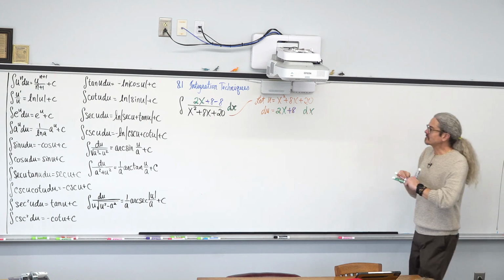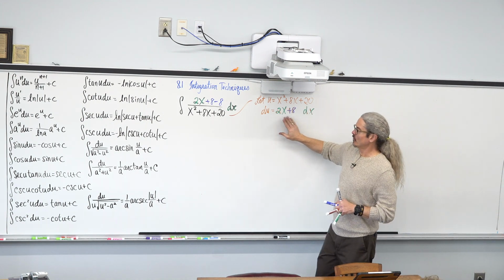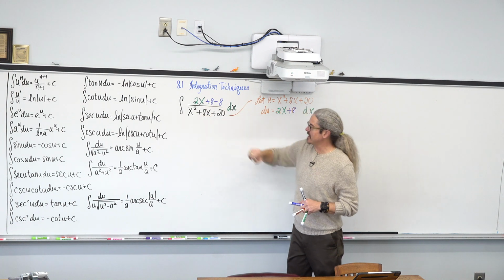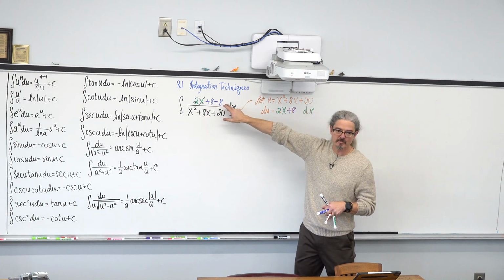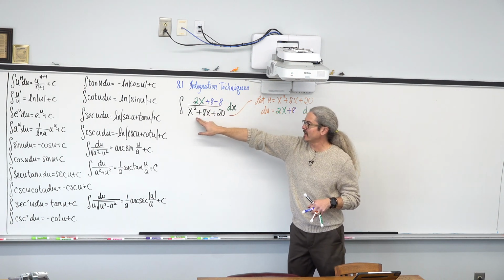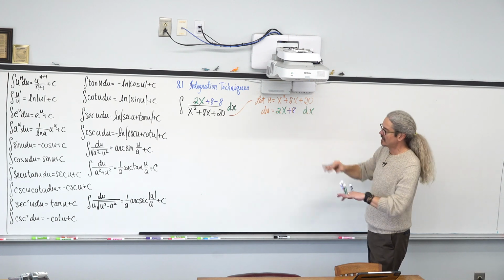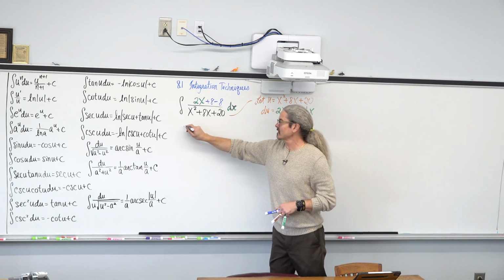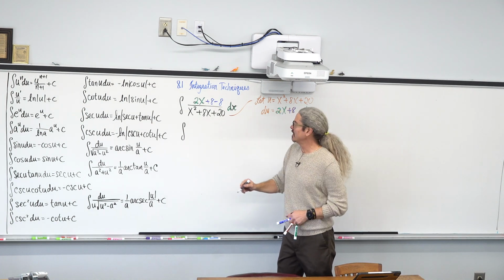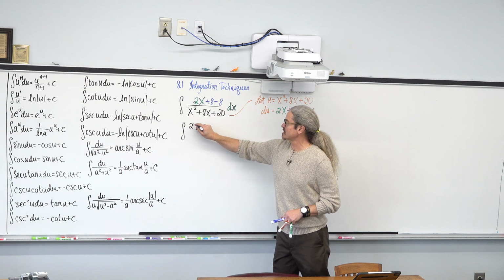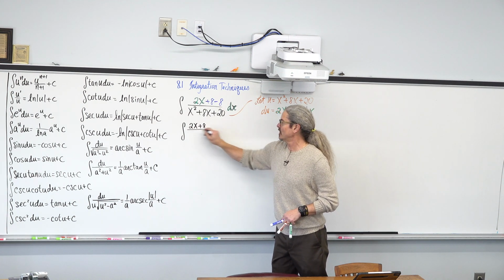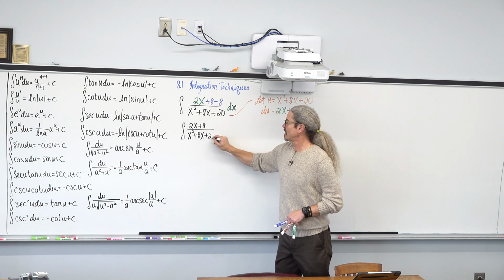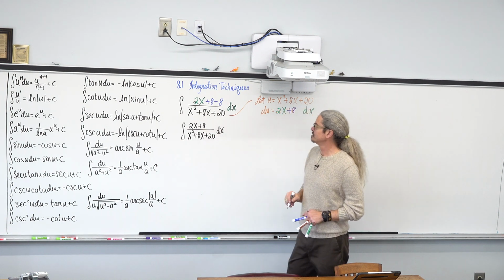So there is our u prime. We have a 2x plus 8. Now there's some other stuff to deal with, but we have a 2x plus 8 over x squared plus 8x plus 20. So we have one of our integrals now that is going to be kind of happy and nice to work with: the integral of 2x plus 8 over x squared plus 8x plus 20 dx.